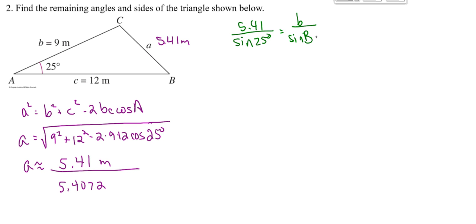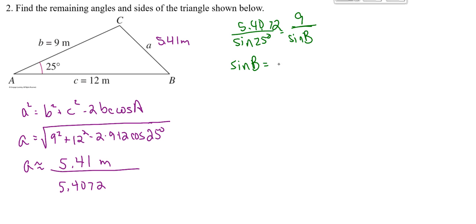So if we go about it this way, and I think I'm going to use my 5.4072 just to have a little better decimal. And so that means that the sine of capital B, oh, excuse me, I'm missing something here. Little b, which was 9. My apologies.